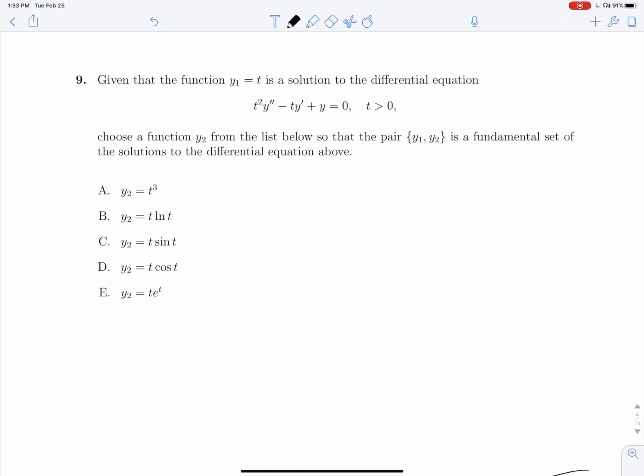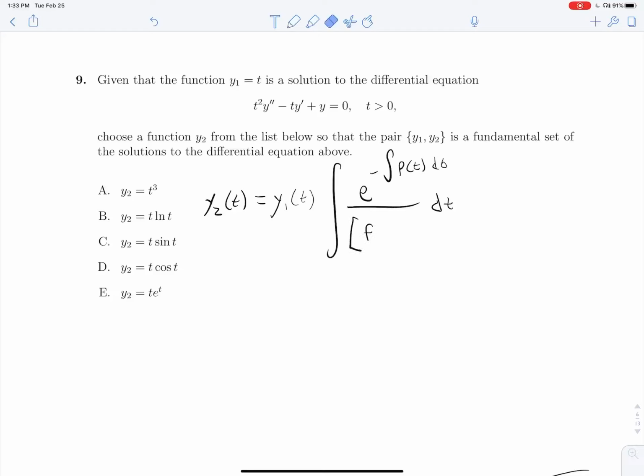Our equation for this is y2 of t is equal to y1 of t multiplied by a really big integral, an integral of e to the negative integral p of t dt all over y1 of t squared. So it looks like a lot, and it kind of is a lot, but it's going to simplify down relatively quickly.